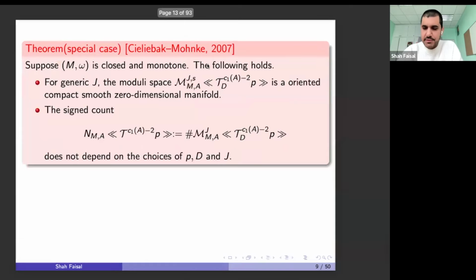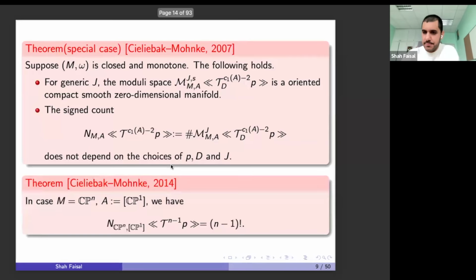So these moduli spaces lead to a definition of Gromov-Witten type invariants. For generic J, this moduli space is rigid and smooth, and one can count its elements with sign, and that's an invariant. So it doesn't depend upon the choice of the constraint, the divisor, and the almost complex structure.